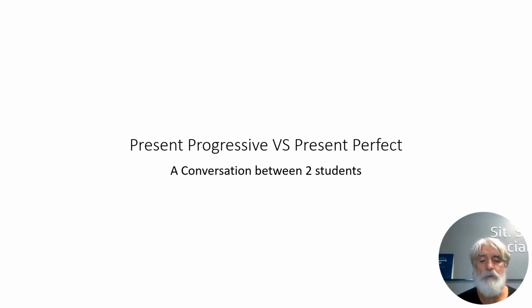There's going to be a conversation between two students, and we're going to fill in the blank with either the present progressive form of the verb or the present perfect form of the verb. We're going to be given a word bank of various verbs.